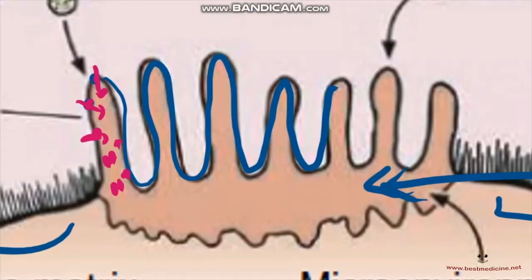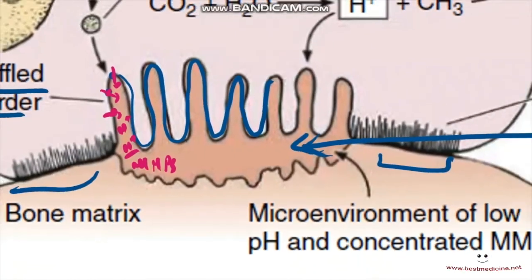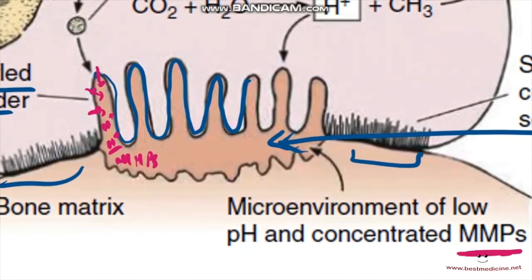Similarly, another thing that is being pumped is MMPs, matrix metalloproteinases, right? Low pH and concentrated MMPs. MMPs are matrix metalloproteinases, which basically are matrix degrading enzymes. So low pH and matrix metalloproteinases together play a role in digesting, breaking down the bone matrix and resulting in bone resorption.